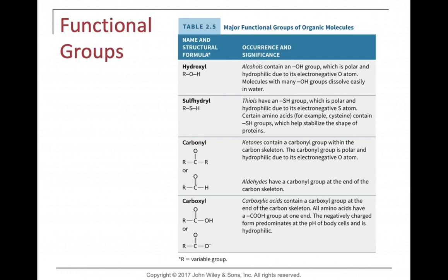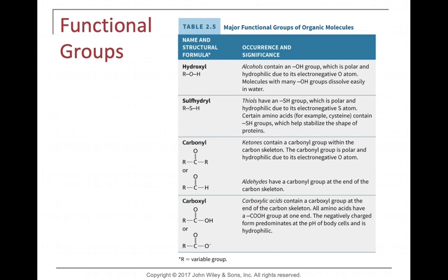Okay, another functional group that I think is important is the carboxyl group. Again, you're going to have your long carbon chain, and then there'll be a COOH at the end. Carboxylic acids contain a carboxyl group at the end of that carbon skeleton.